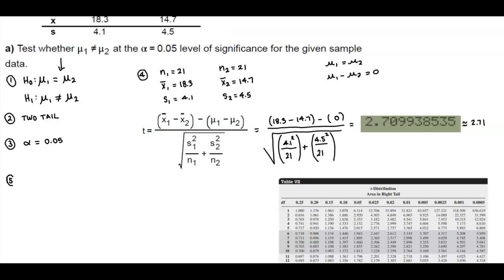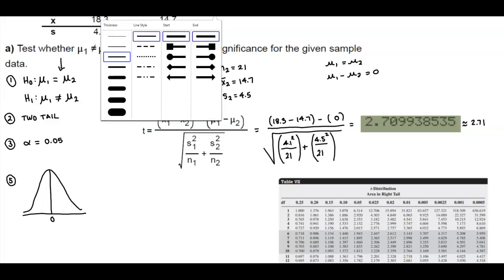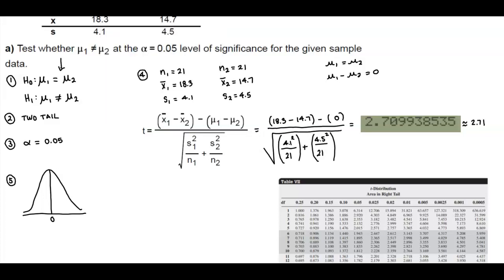So we have our bell curve, and then we have our mean, which is 0. We have a test statistic at 2.71, and we have another one here at negative 2.71, which gives us two areas, which is the reason why we get a two-tail.